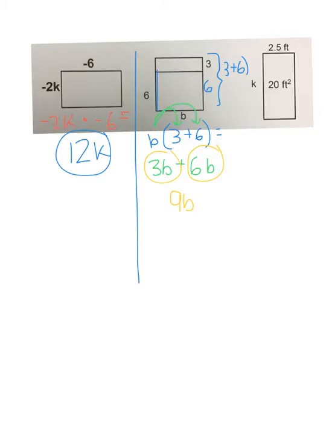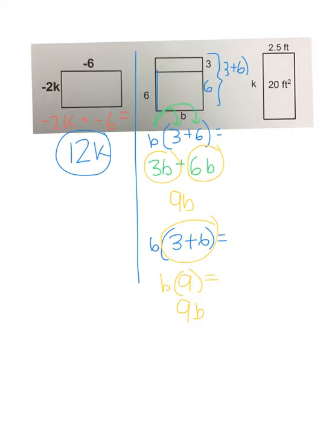Or if you are back at the start, b times 3 plus 6, you could follow order of operations and do 3 plus 6 first and get b times 9, and you would still get a final answer of 9b. Either way would get you the correct answer.